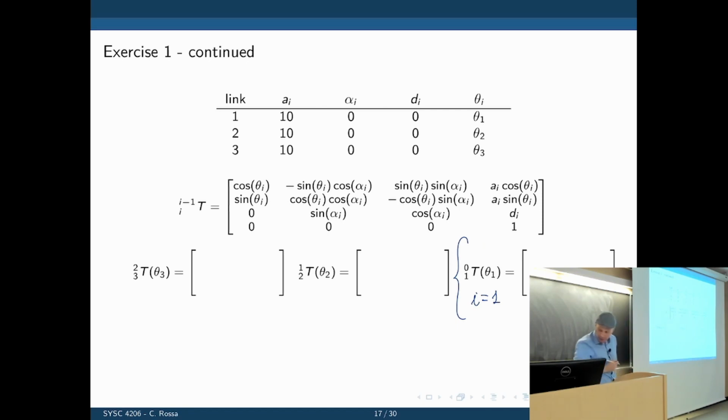So what comes out there? Let's do cosine of this is 90, this is negative 90, and this is also negative 90. Cosine of 90 is 0. And the bottom one, sine of 90 is 1, 0, 0, and so on.